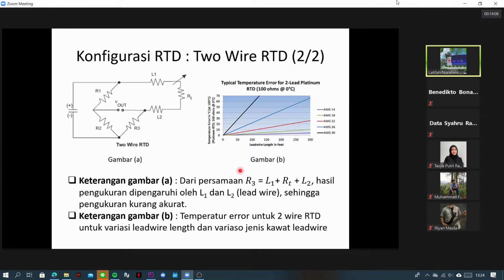The R3 will be the resistance, material resistance. And I'm sorry for the previous statement that I made. So L1, L2 here is the lead wire length.